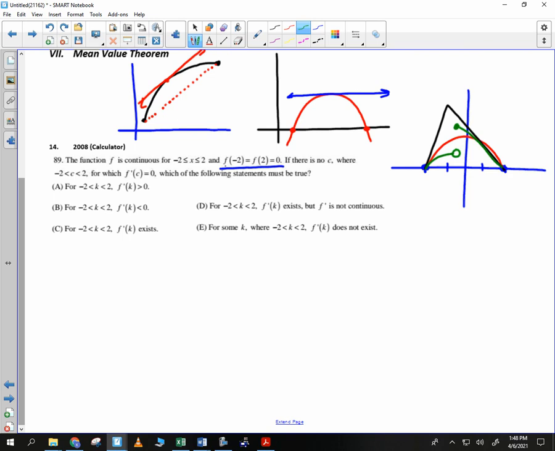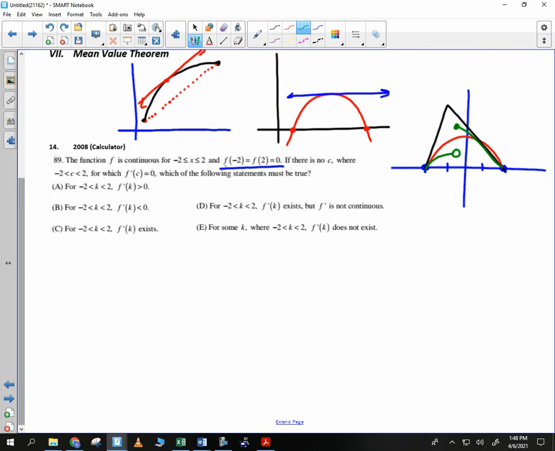Is it possible for the function to look like the green one? Why? Because it says it is continuous, and the green one is discontinuous. So the green is not an option. Look at what it says. It says there's no value c, no spot where the derivative is equal to 0.